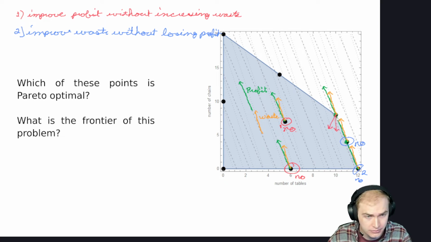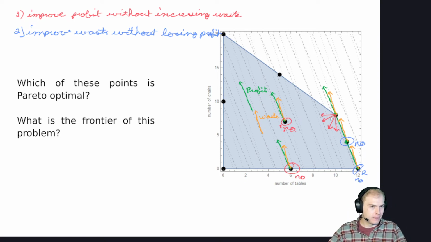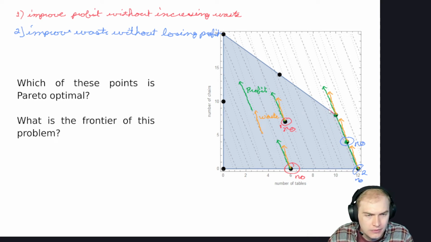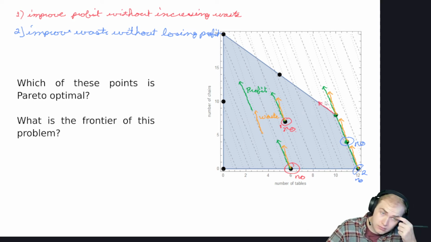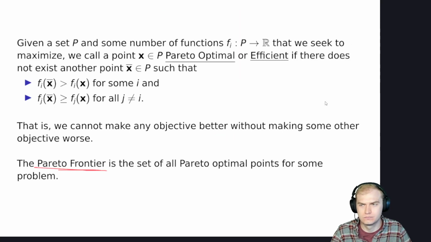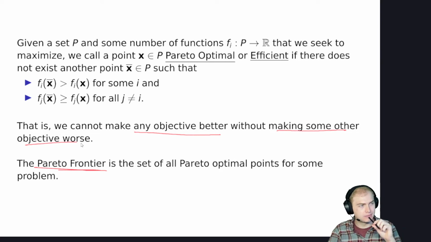So if we were to move in any of these directions, that's not going to find us a Pareto efficient point. But if we were to move in this direction along the constraint, what happens? We improve waste, but we decrease profit.